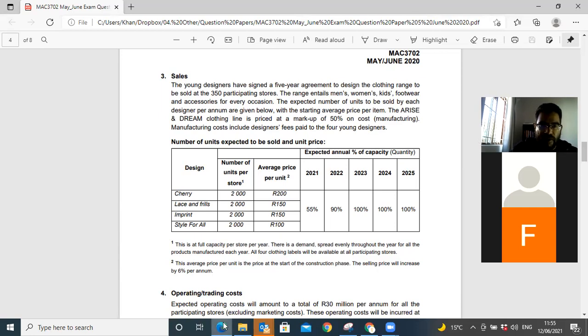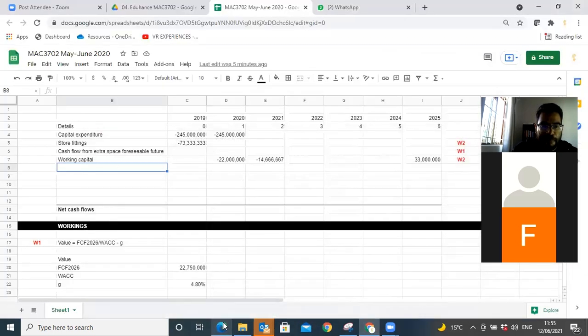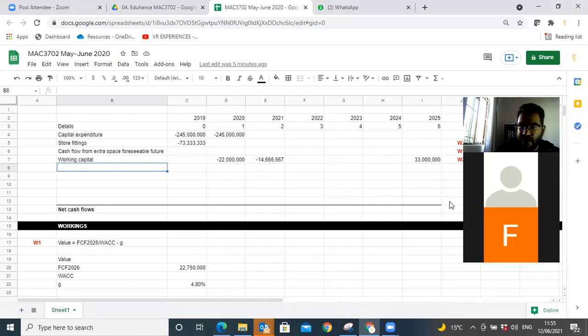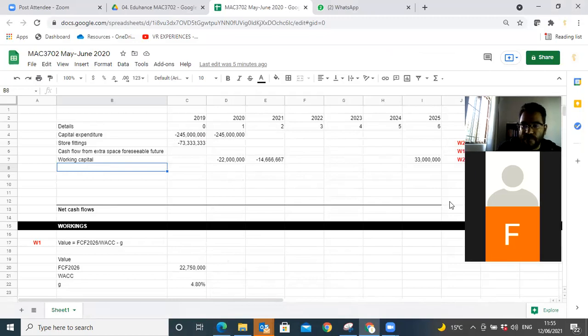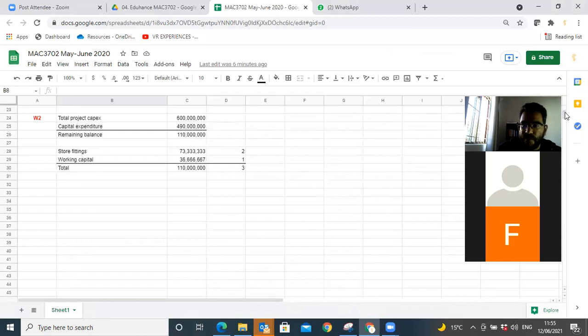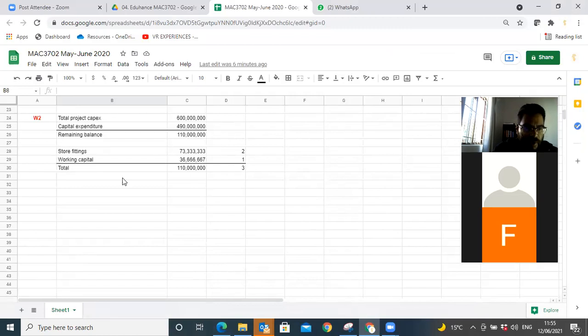So now we can work out the sales for each designer. So on working 3, we're going to work out sales. So working 3, we're going to have details. We're going to have here 1, and now 2021, 2022.